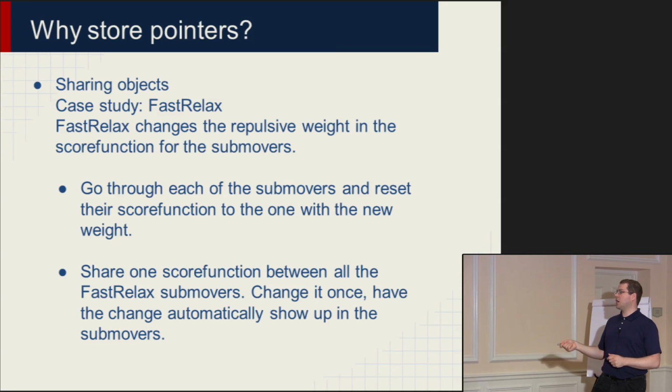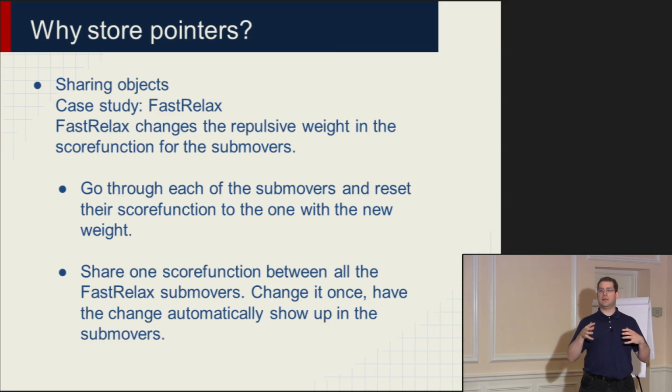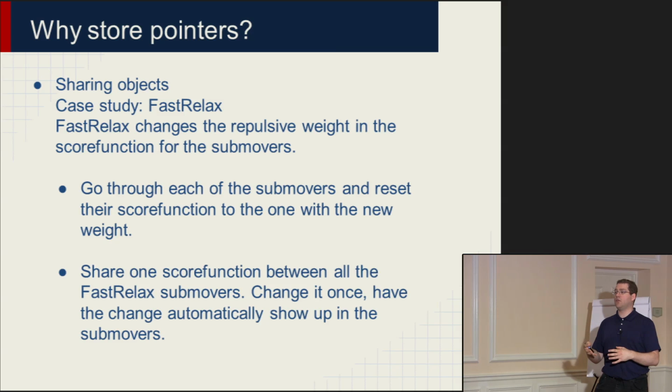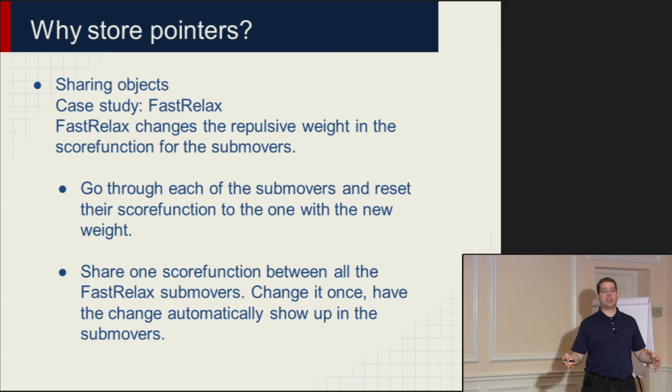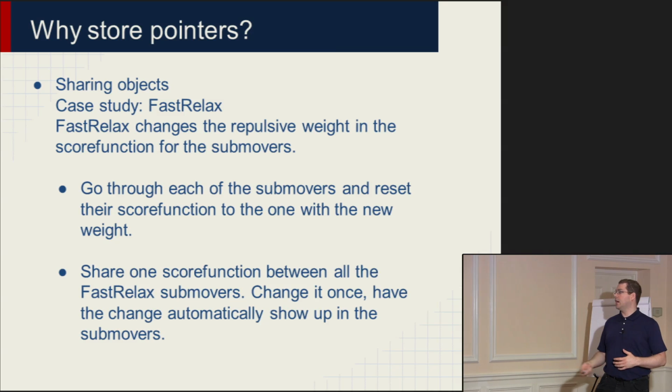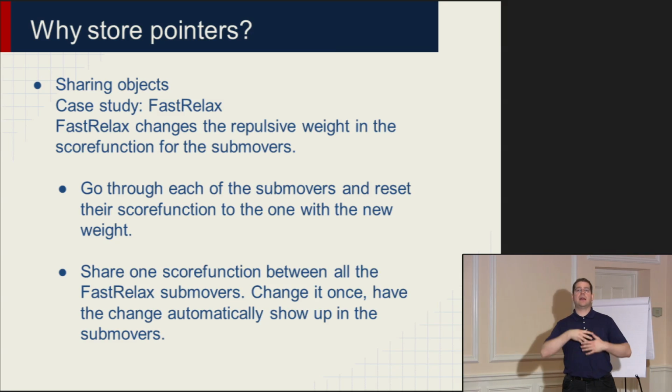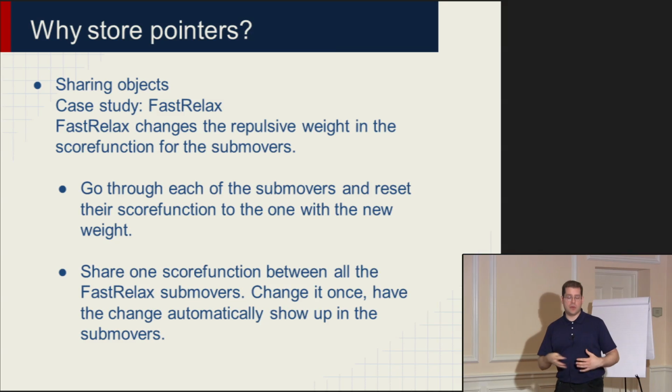Or you could just share one score function between the fast relax mover and all of the submovers, change that weight once in that single score function, and then every mover that shares that score function would now see that changed and updated weight. And this is a little bit more elegant way of doing it, where you make a change once and it automatically propagates to everyone who needs that change.